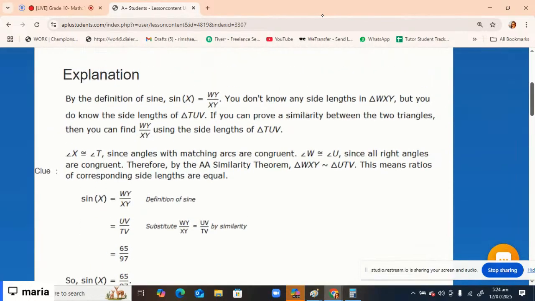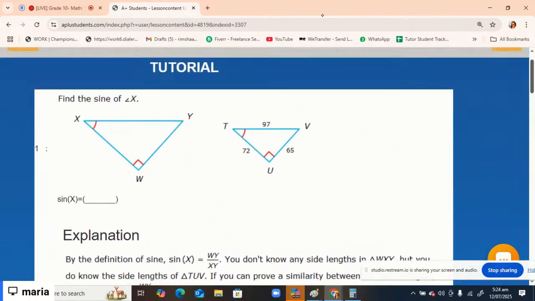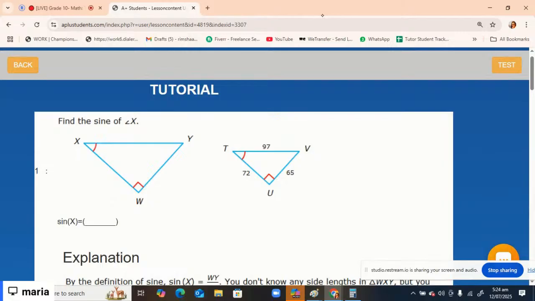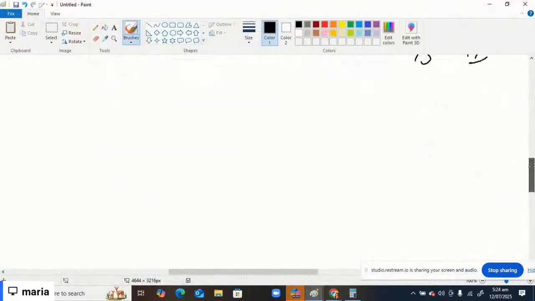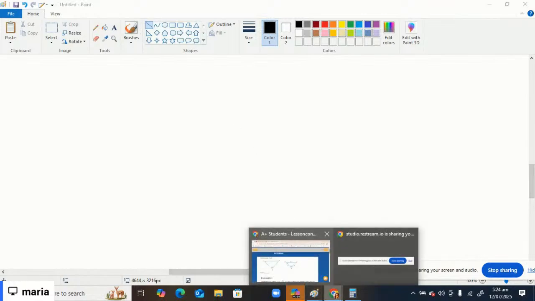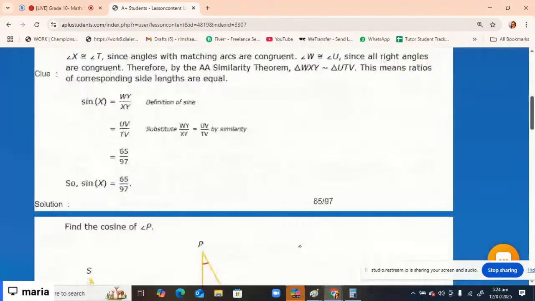So now you just check it out by finding the sine of X using these. Let's see.